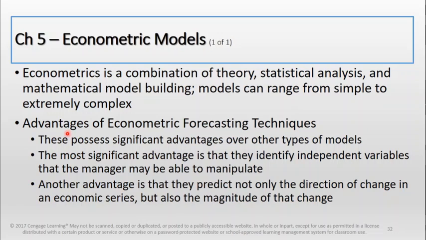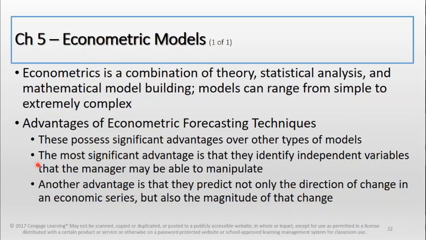Now, the advantages of econometric forecasting techniques. First, these possess significant advantages over other types of models. The most significant advantage is that they identify independent variables, such as price or advertising expenditures in a demand model, if you can remember chapter 4's sample problem, that the manager may be able to manipulate.